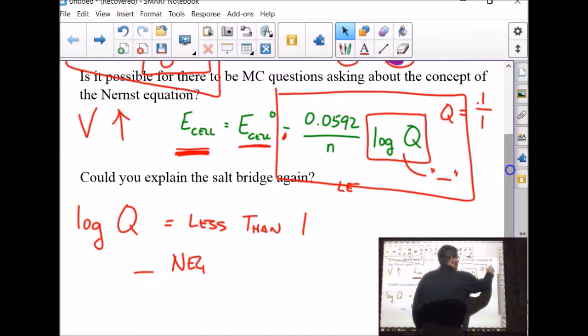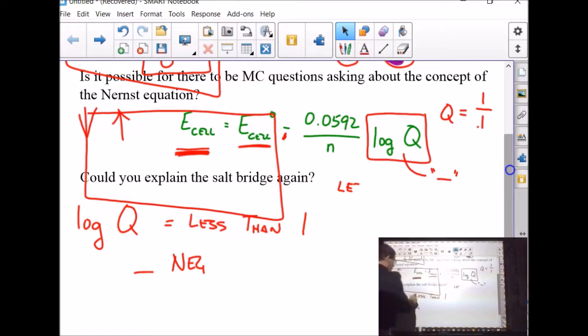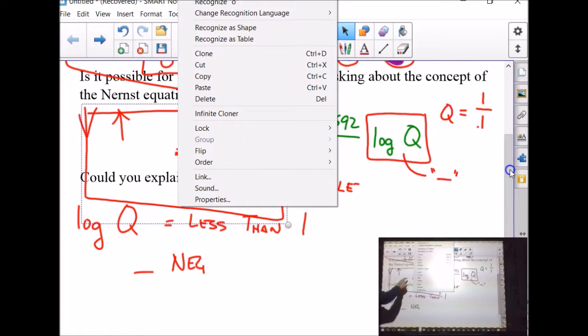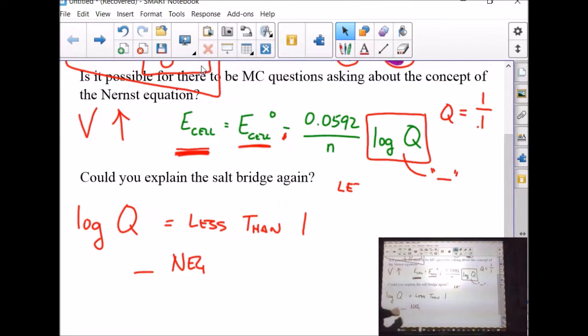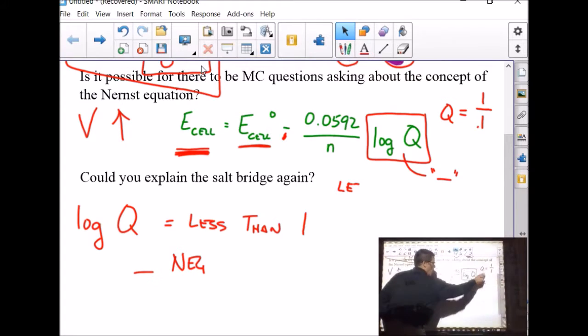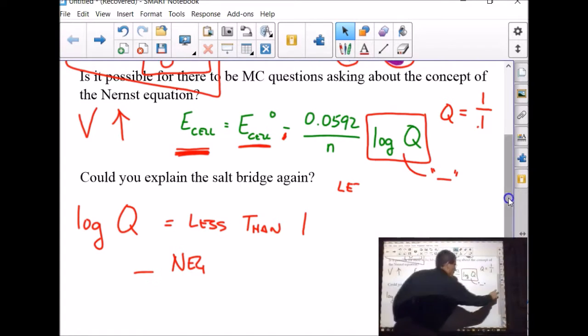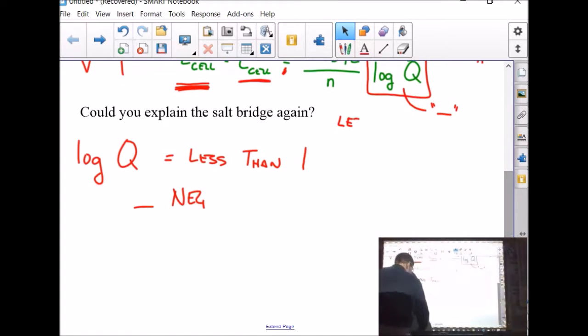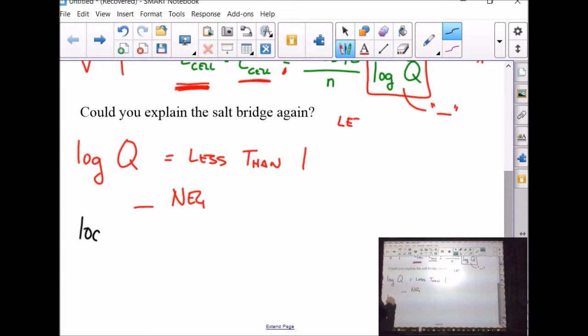If we flip that around, get rid of that. So if we now have 1 over 0.1, now my value is greater than 1, so log of Q is greater than 1, then that gives me a positive sign.